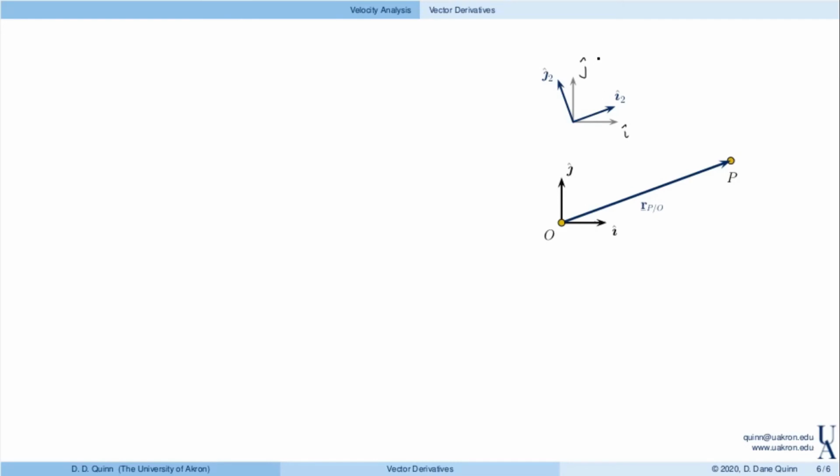Just for reference, I and J are going to be fixed in the ground. And we'll identify an angle theta as well as a magnitude of the vector, r. So r of P with respect to O here is r in the I2 direction, and these could be functions of time. And of course, I2 could be a function of time because theta is not necessarily constant.